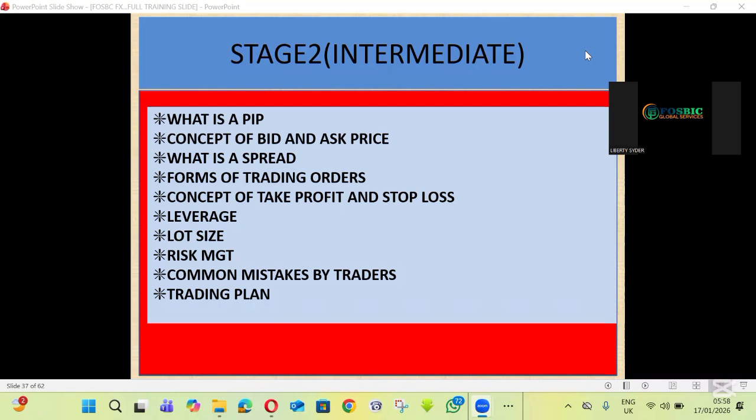These concepts include what is a pip, concept of bid and ask price, what is a spread, forms of trading orders, concept of take profit and stop loss, leverage, lot size, risk management, common mistakes by traders, and then trading plan. So these are the things we are going to be discussing in this intermediate class. So quickly, let's start with what is a pip.